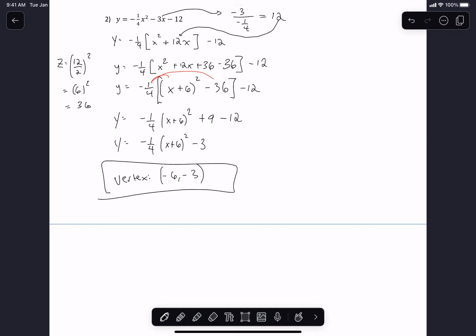Because some of you can just jump right into the monkey see, monkey do game and just try to get an answer, right? But what's going to happen?